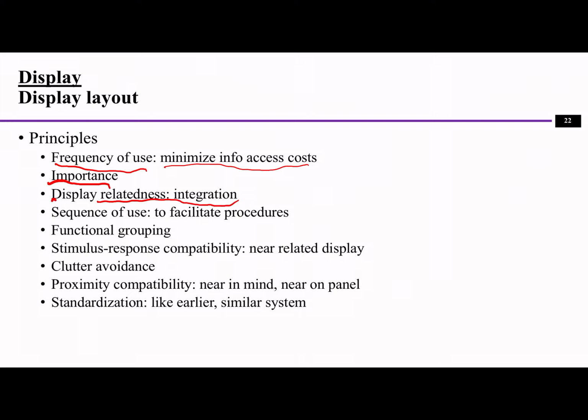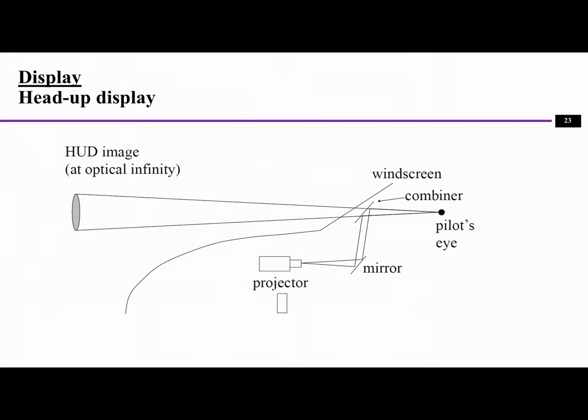If some of the displays are pretty close to each other, you might want to group them together, and also the sequence of use to facilitate the procedures. Functional grouping, also stimulus response compatibility, clutter avoidance, and also proximity compatibility, near in mind, near in panel. We can see some examples here.